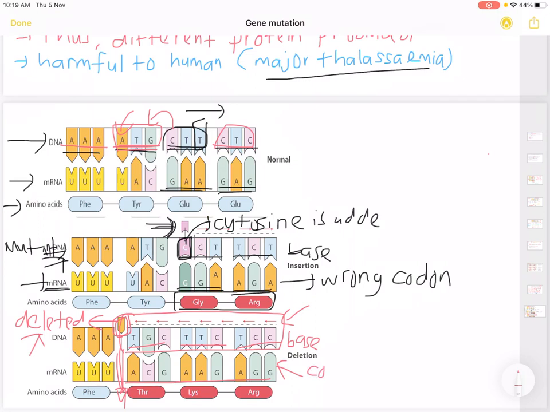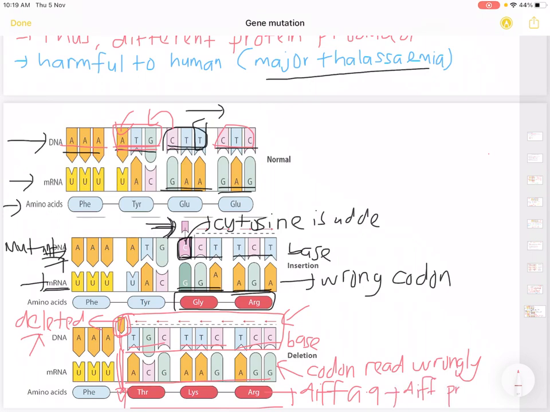Bila kodon tersebut salah dibaca, dia akan menyebabkan keseluruhan penghasilan amino acid berubah. So dia akan menghasilkan different amino acid. So bila different amino acid, maka kita akan menghasilkan different protein.